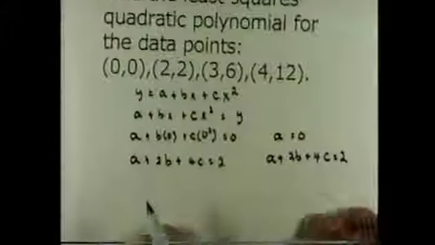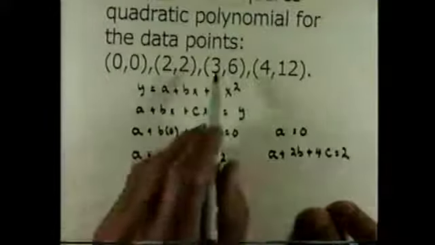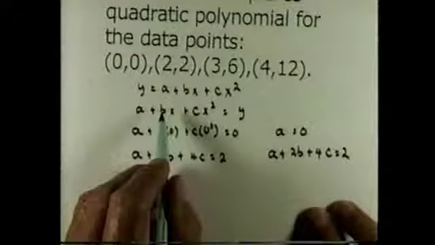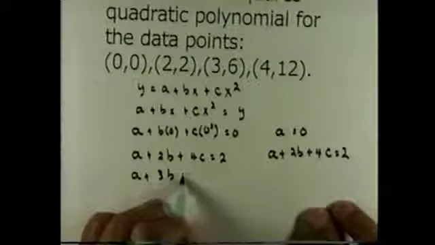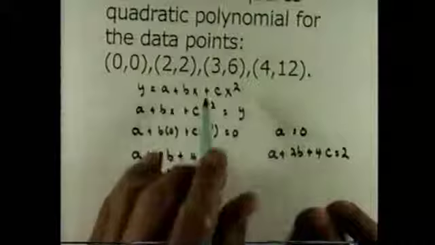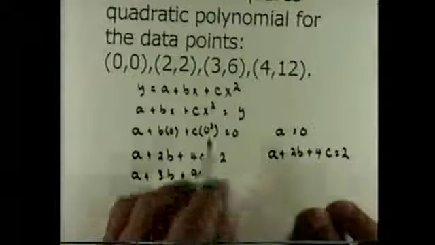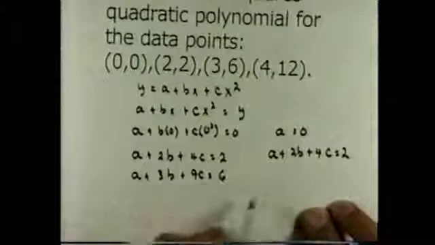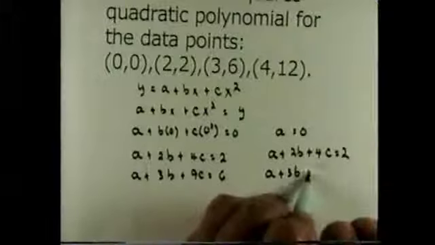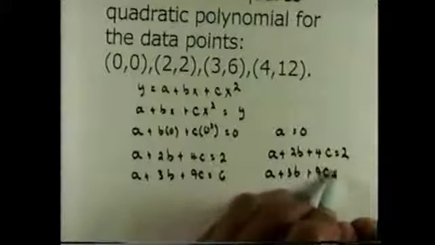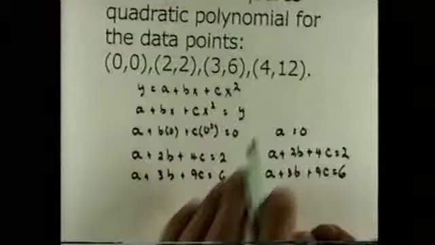With 3 and 6, I have a plus, x is 3, so that would be 3b, plus, x squared is 9, that would be 9c, equals y, which is 6. And finally, if x is 4, y is 12.